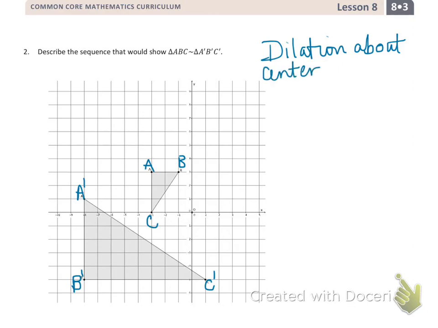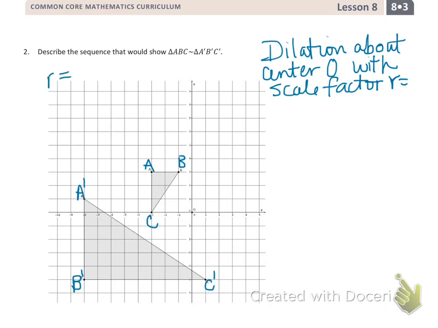About center O with scale factor R equals what? Okay, so my scale factor is going to be my dilated length. R is going to equal my dilated length.